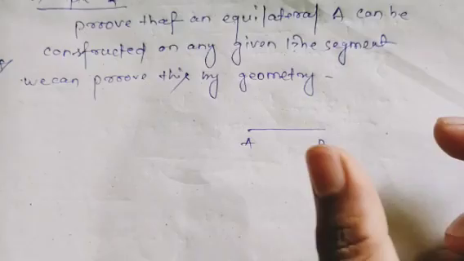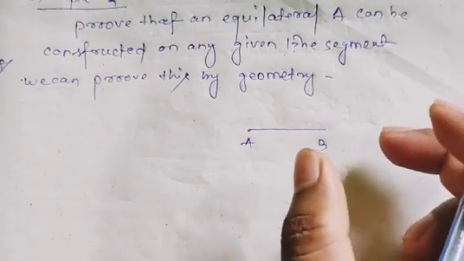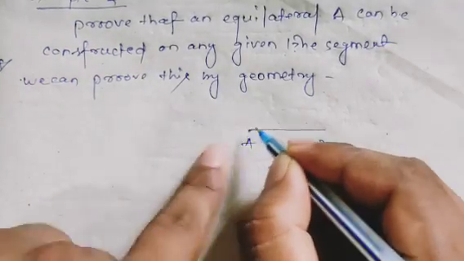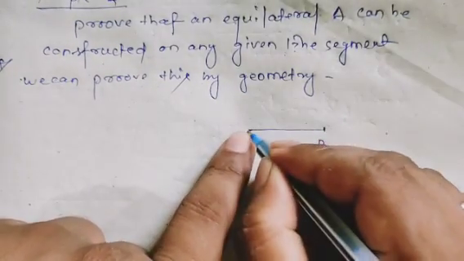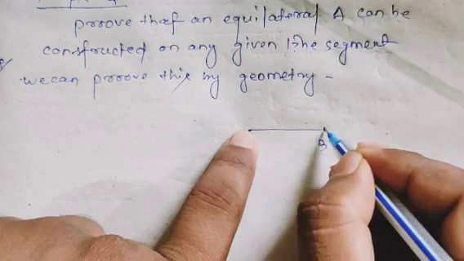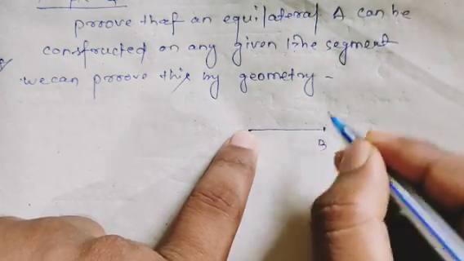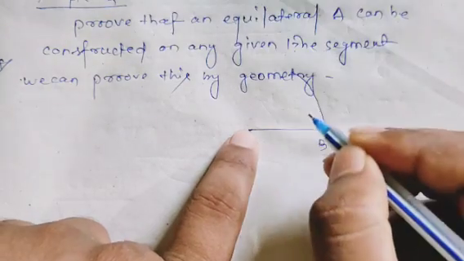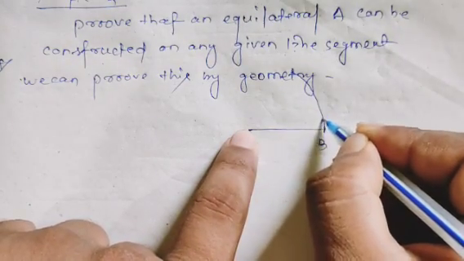Take a compass, put one end at the point A. Here is the compass. You can take the compass, point here and put the pencil here, and draw an arc like this.